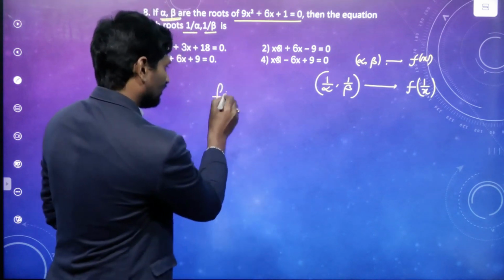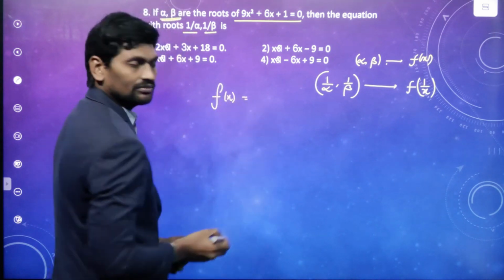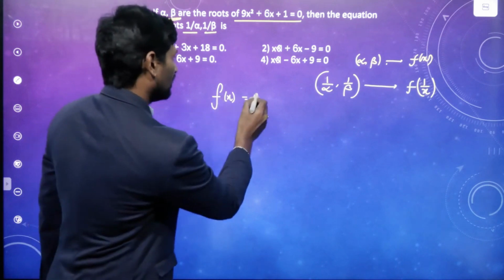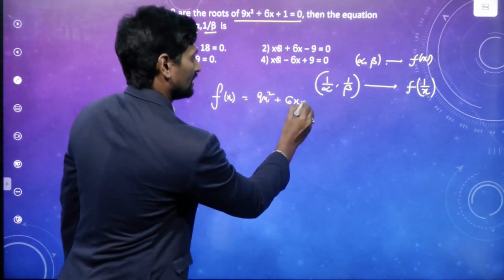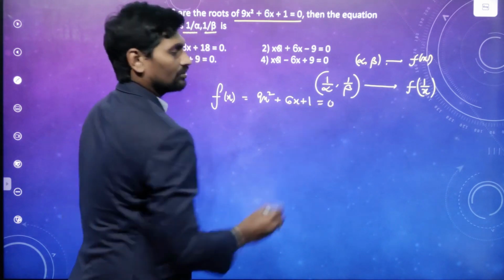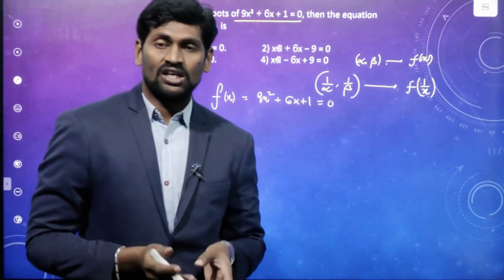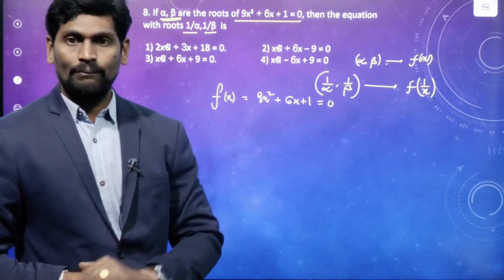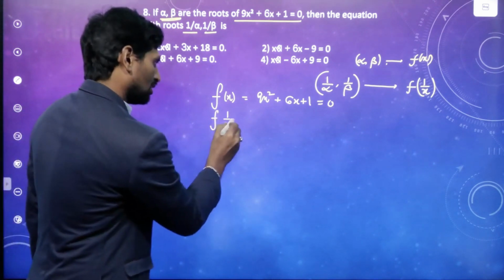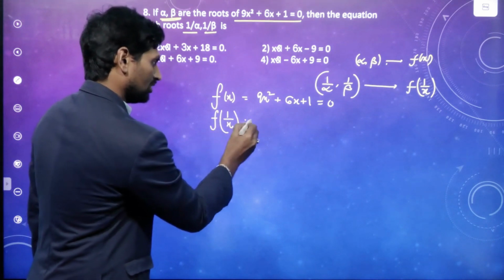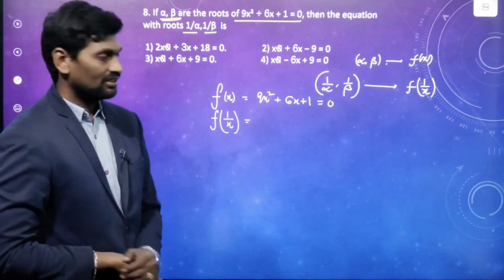Now let us take the given equation as f of x: 9x square plus 6x plus 1 equal to 0. But we want the answer for 1 by alpha and 1 by beta, so in the place of x, we need to substitute 1 by x.